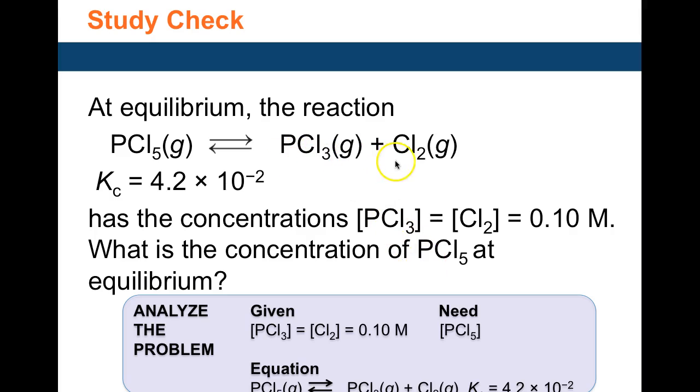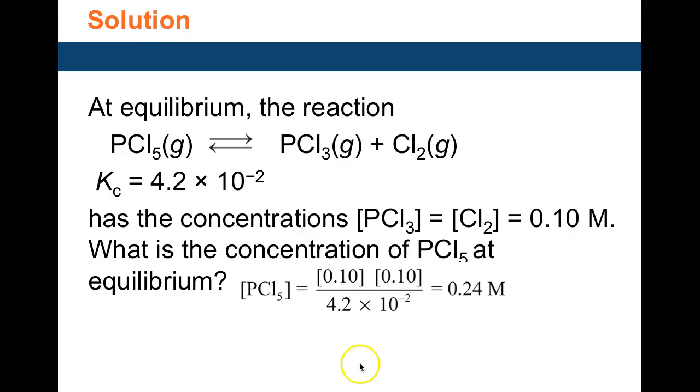PCl3 times Cl2 divided by PCl5, that's the Kc. So I would take PCl3 times Cl2 divided by the Kc, and that would give you your PCl5 value. So 0.10 squared divided by 4.2 times 10 to the power negative 2. And that's the value of concentration for PCl5.